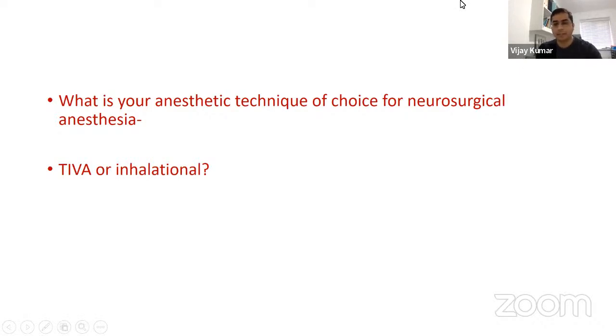It's not a straightforward answer from my point of view. It depends on the type of surgery, the monitoring required during the surgery, the extent of the lesion, and the pathology. We can divide it into two parts, cranial and spinal.